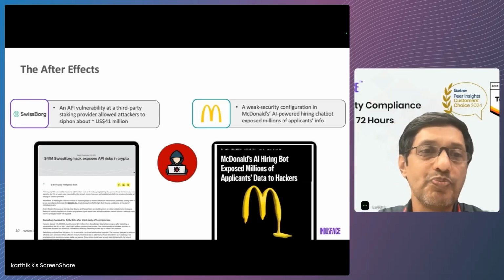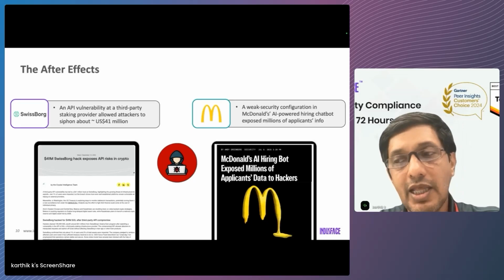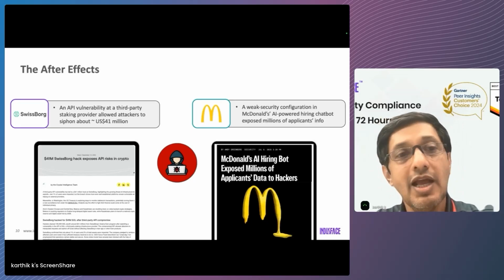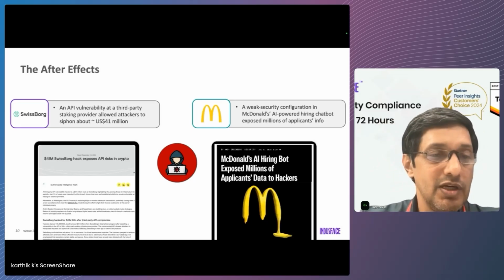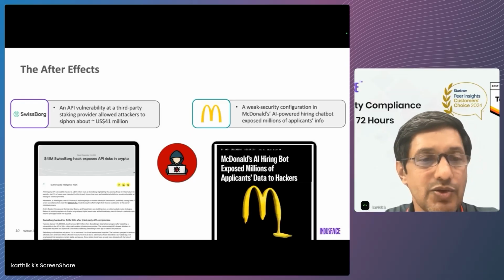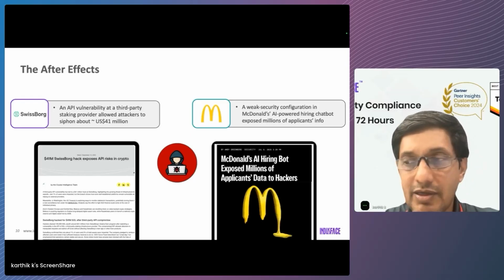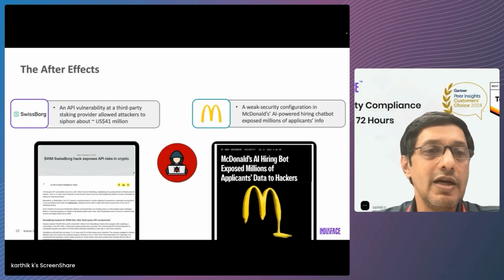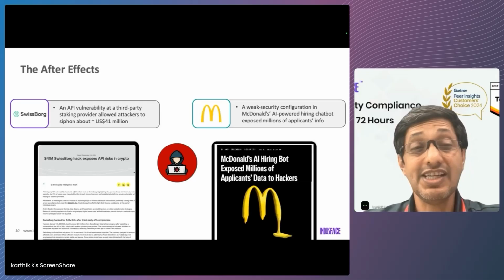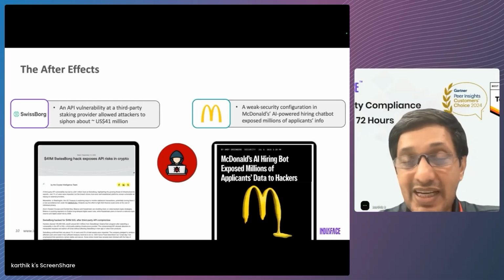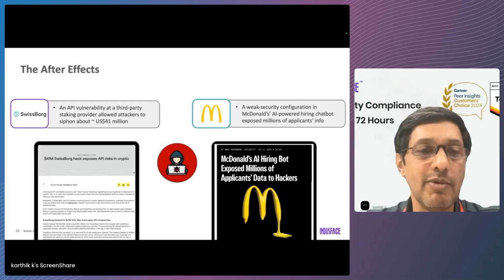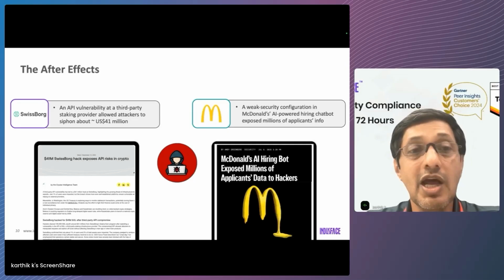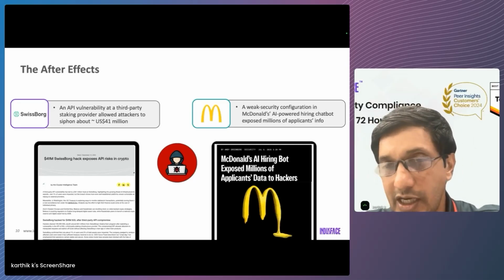A vulnerability in the third-party provider exposed about 200,000 Solana tokens, and that cost them about $40 million. It's a big amount of money that got lost because of the third-party API vulnerability.